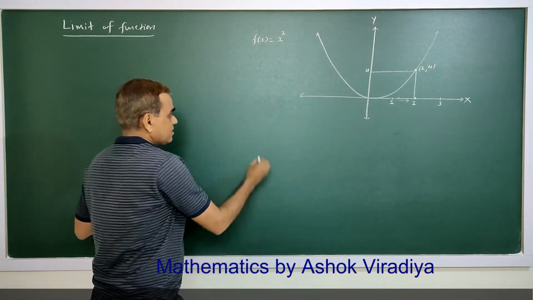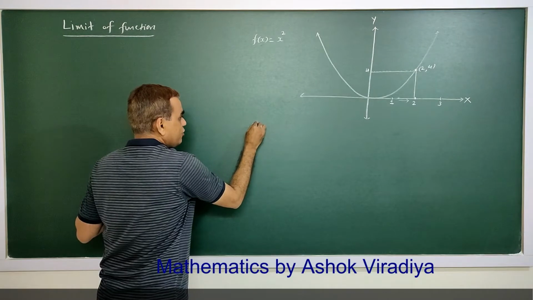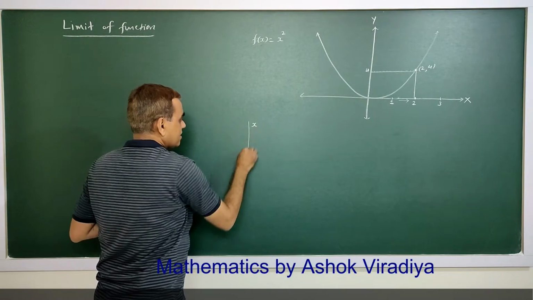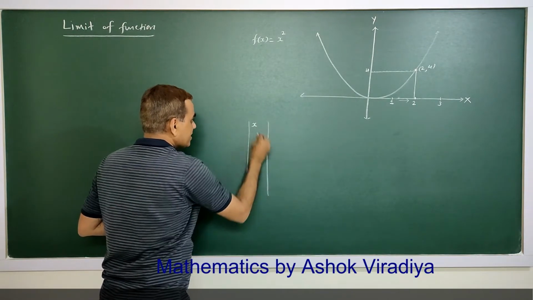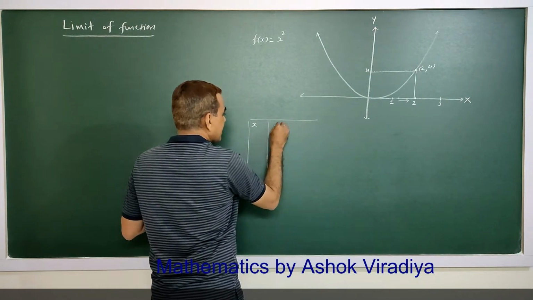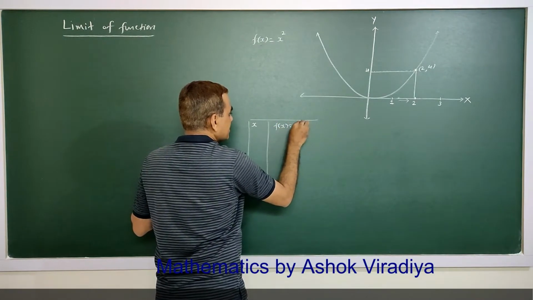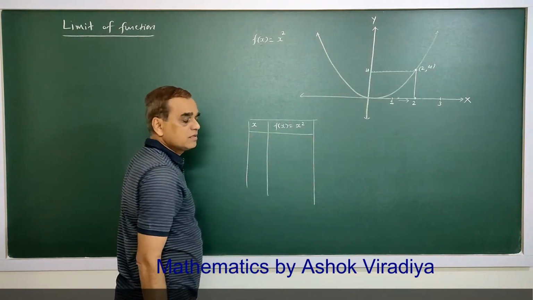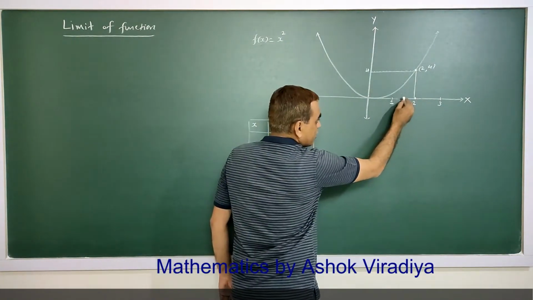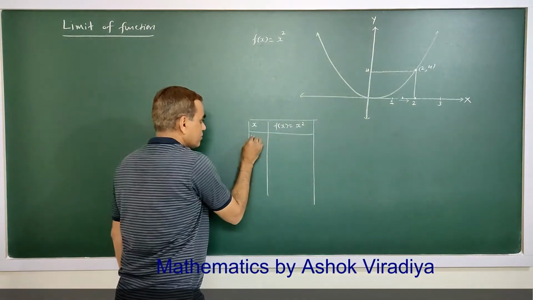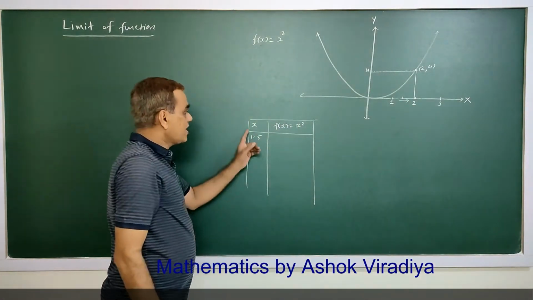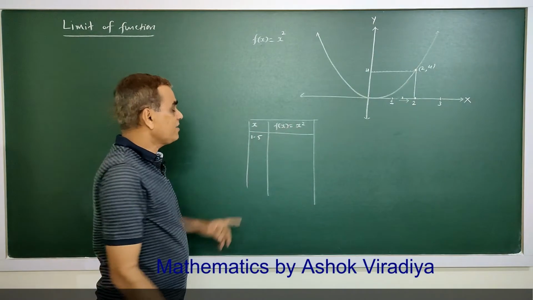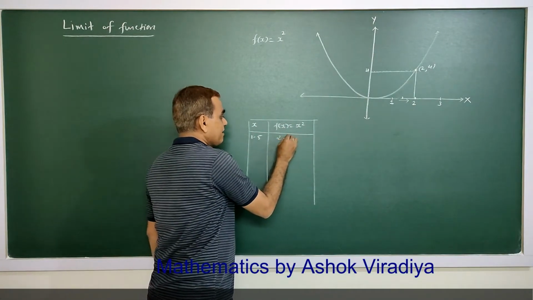I am taking a value of x, then calculating the value of f(x). Suppose x is 1.5, then 1.5 square is 2.25.